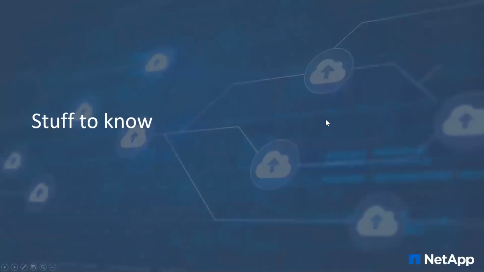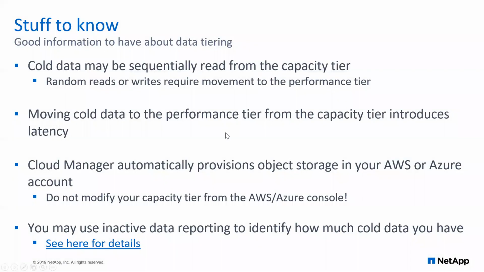Like I said, I just have a couple of things that I wanted to put out there. I'm not really sure how to organize this information, so just going to stream of consciousness at you. So stuff that you need to know about data tiering that will come up, that will impact the way that you use this feature. Just know that cold data that is read sequentially can actually just be read straight from the capacity tier.